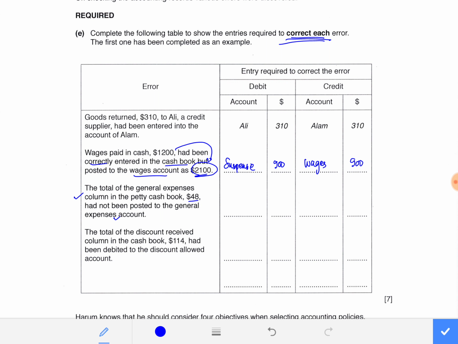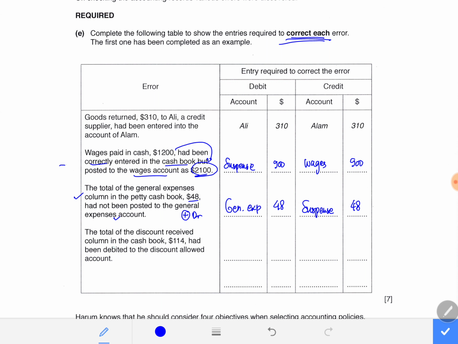So again, just like in the second one, there is a suspense account involved. If general expenses is not yet recorded, you have to add general expenses. Expenses are added or increased in the debit side. So you put general expenses over here by 48 and then you put suspense over there like that.